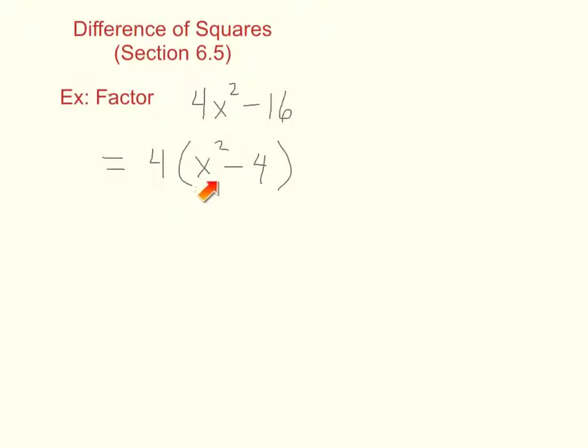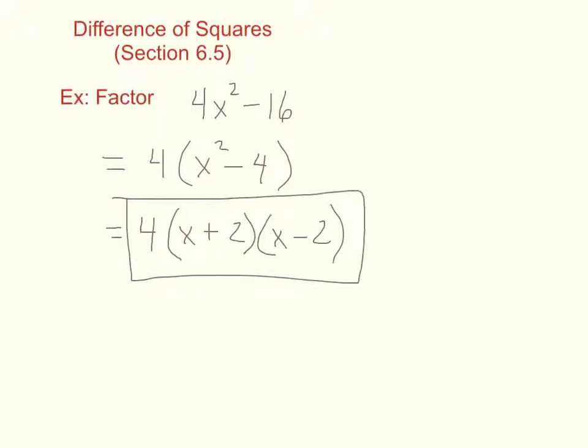It is another difference of squares, so we need to factor that in order to be in factored form. And so we still have the 4, and then we have x plus 2 and x minus 2, our two conjugates. And now we look, and those are prime factors, and so this is our factored form.